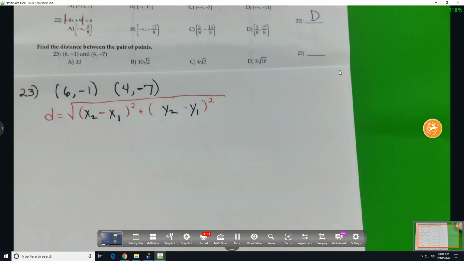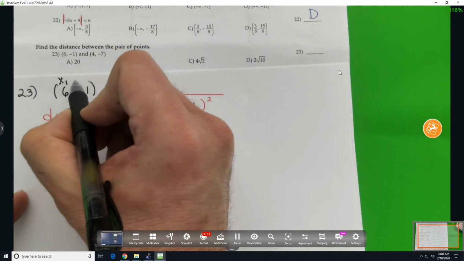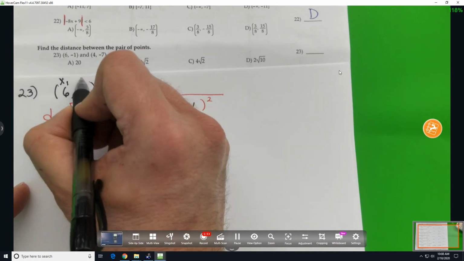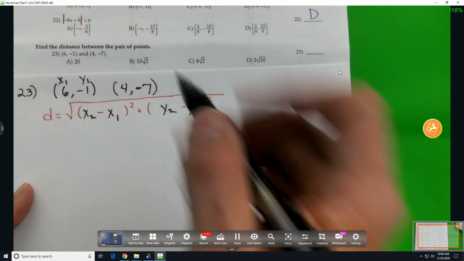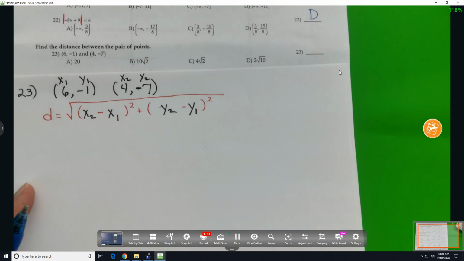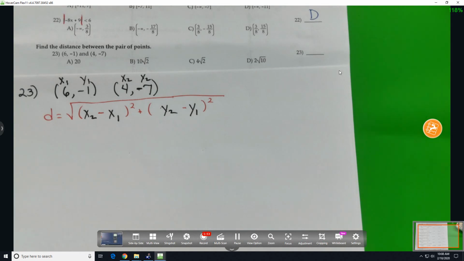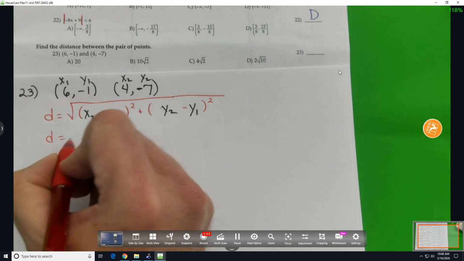Maybe I better go ahead and label the x and y's here. Remember, every ordered pair is x, y. So first x, first y, second x, second y. Be sure not to label them x1, x2. No. Ordered pairs are always x, y, x, y. So, plug it in here.